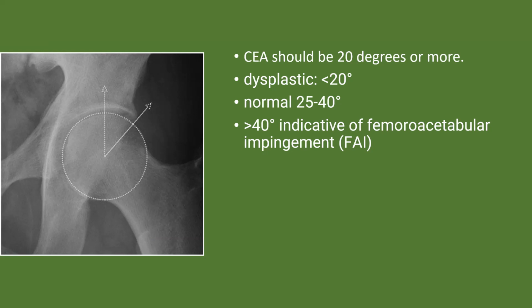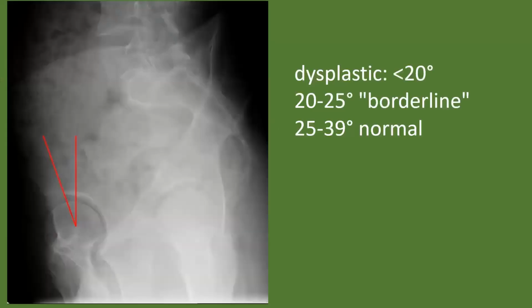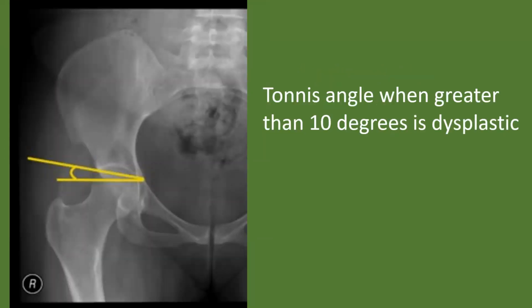It's normal if it's 25 to 40 degrees, and greater than 40 degrees is indicative of femoral acetabular impingement, as we just spoke about. This is the lateral CE angle. This is the Tonnis angle. Okay, the Tonnis angle.